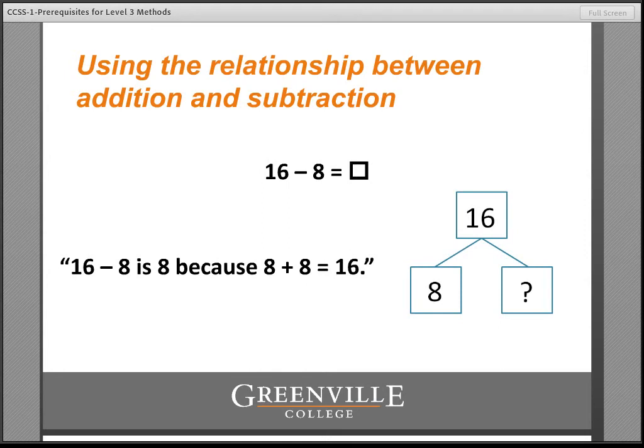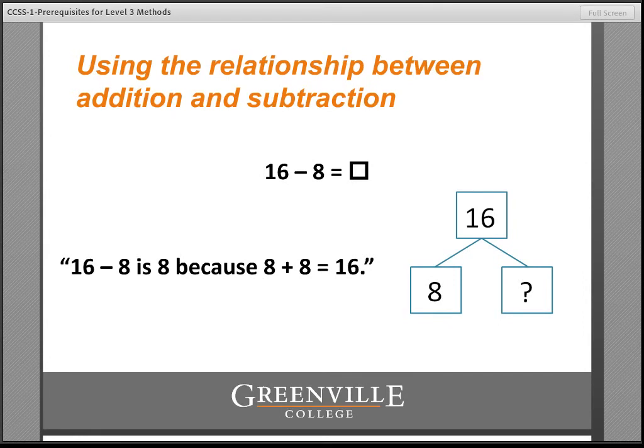Number bonds are a useful representation that can help serve to make that relationship a little more obvious or visible to children. So the number bond for 16 minus 8 makes it clear that when you subtract 8 from 16, you're really searching for the other addend that you could combine with 8 to make 16.